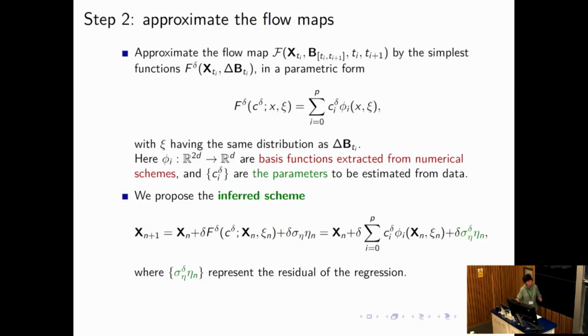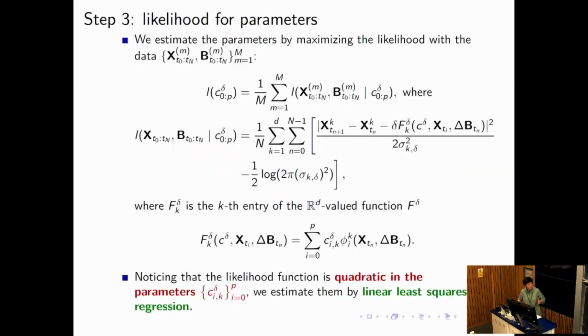Because of this assumption, we can prove that all these inferred schemes are reliable in the sense that they have controlled error under the classical scheme. Otherwise, if we have multiplicative noise, we will not have this nice regression residual, and we will not have analysis. So for this, we can compute the likelihood of each parameter, and then we can easily do some regression.